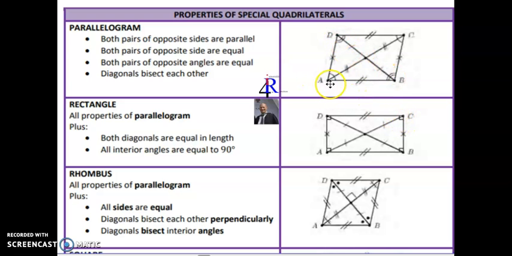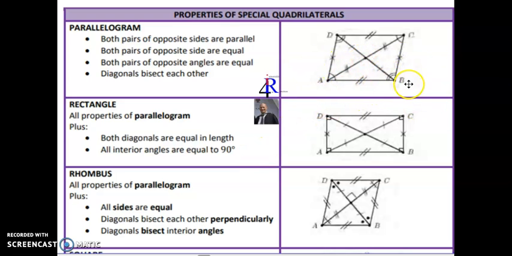We should know that the diagonals bisect each other, meaning that this length is equal to this length, and this length equals that length. So, the midpoint of this line segment and the midpoint of this line segment will meet in the same point.